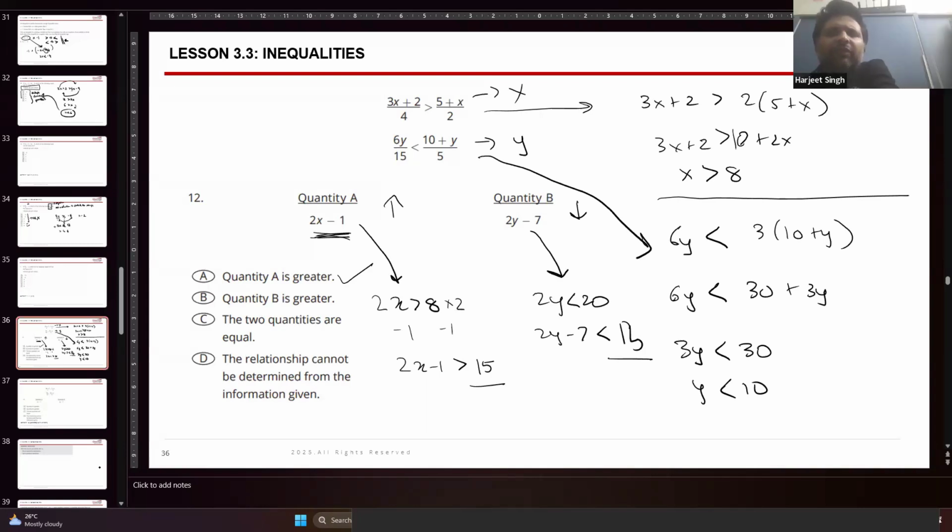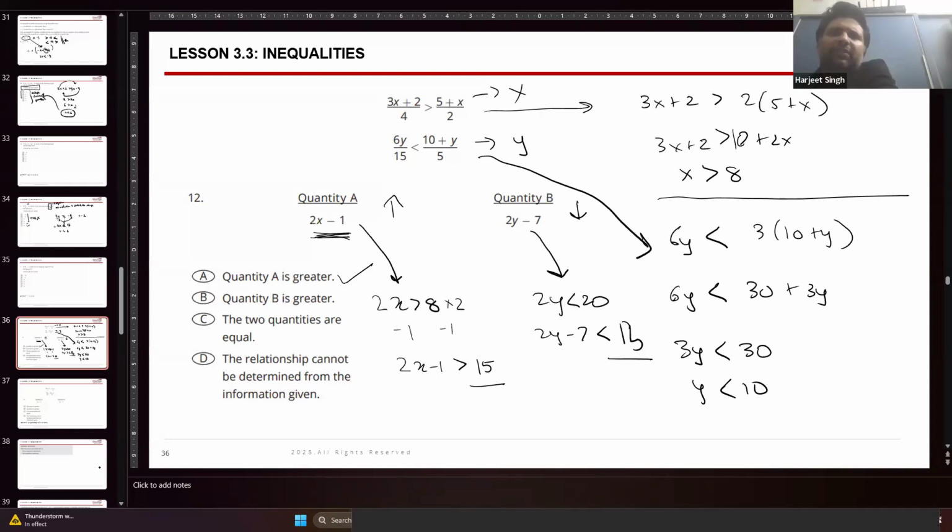Correct. If B is less than 17, so 2y minus 7 less than 17, then all the three things are possible, which means either A could be higher or B could be higher. And if there are these conflicting answers, that sometimes A is higher, sometimes B is higher, the answer is D. Absolutely.